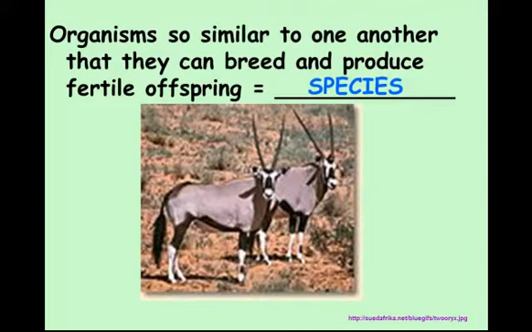Fertile means they can have babies of their own and keep the species going. So if you look at these two organisms here, some kind of African antelope type critter, if you were to breed these two together, they would make a baby, and if that baby can reproduce and pass its genes on, we would say these two organisms in the picture are the same species.